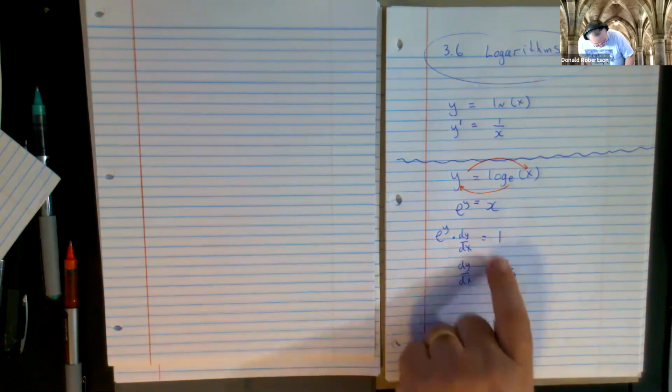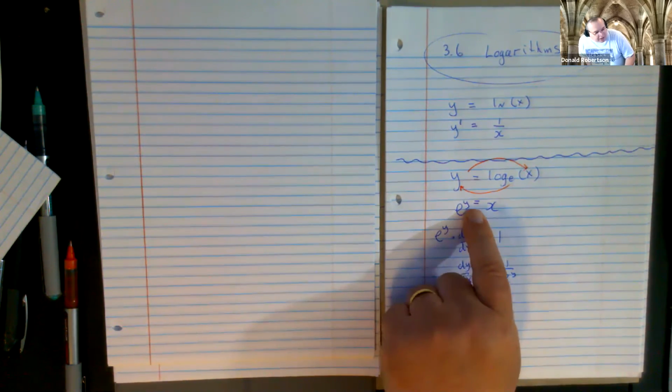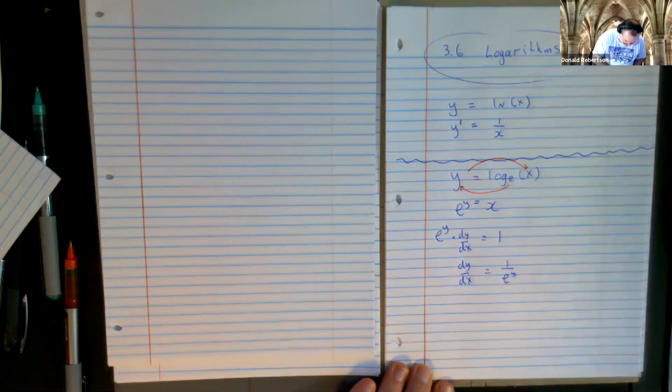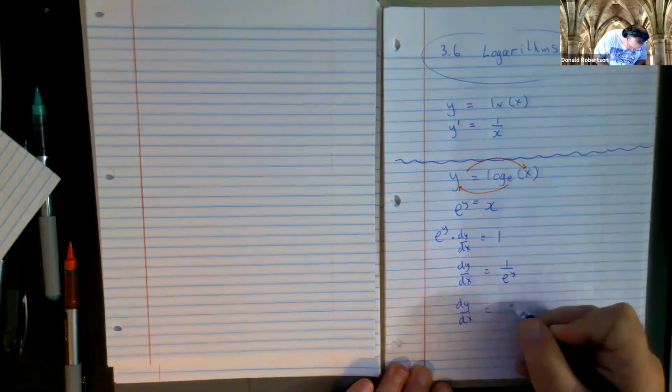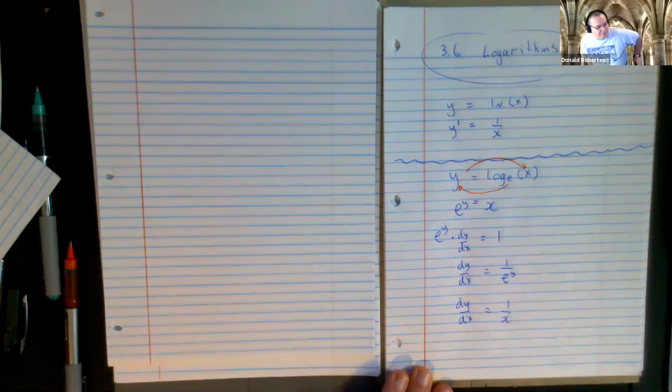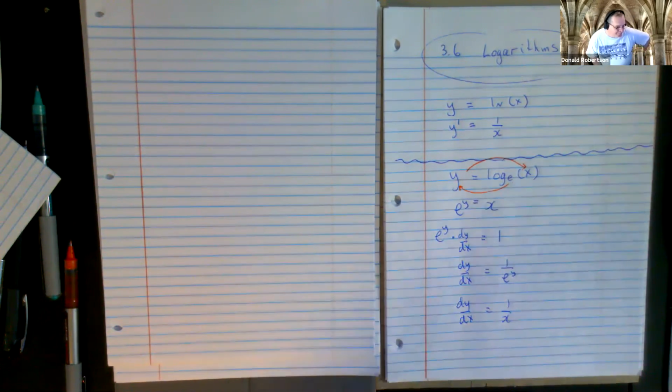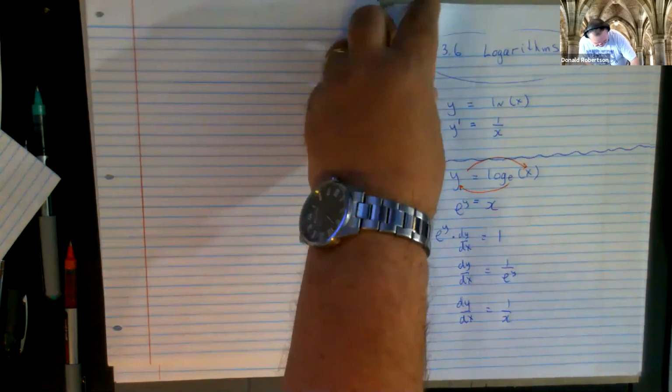Wait a minute, isn't e to the y equal to x? Which means then that you could write this guy as that. Now, does that make you feel a little bit better that it's not magic? That the derivative of the natural log is in fact 1 over x. Surprising as it may seem, that is what it is.